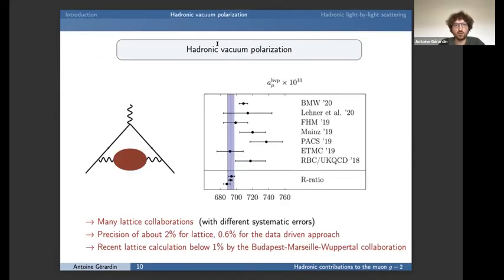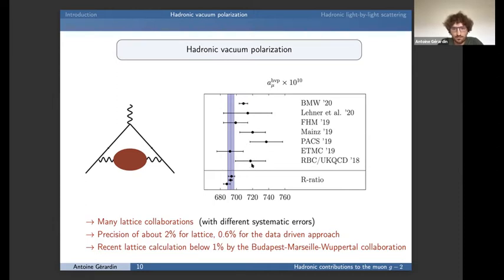Okay, so I will start with the hadronic vacuum polarization. And so here I start with a summary of the result. In the bottom, you can see results from the R-ratio, so this is the data-driven approach. And on the top, you can see lattice results.